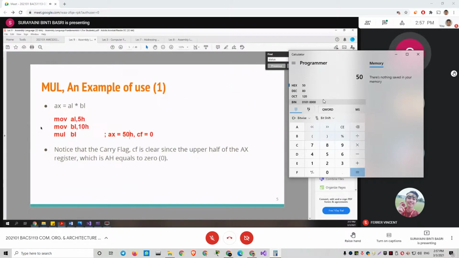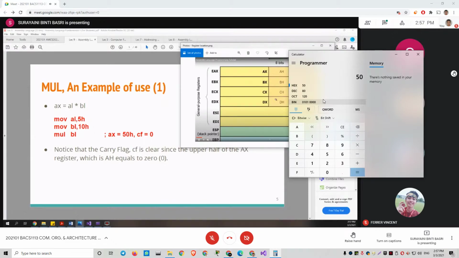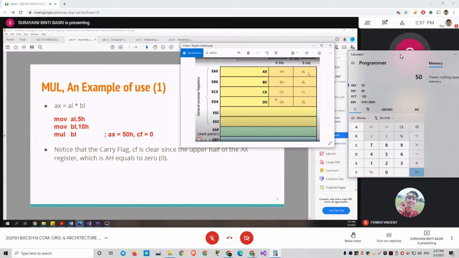So 7 bits is enough to be stored at AL only.